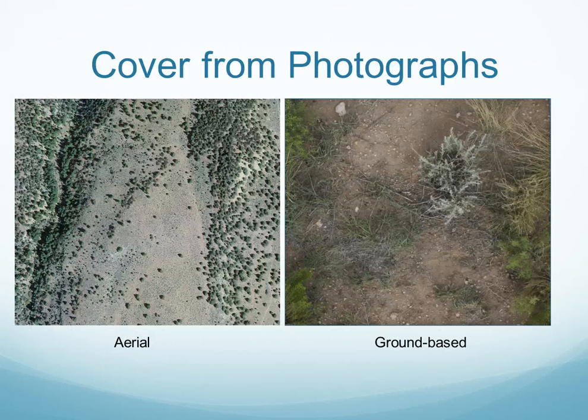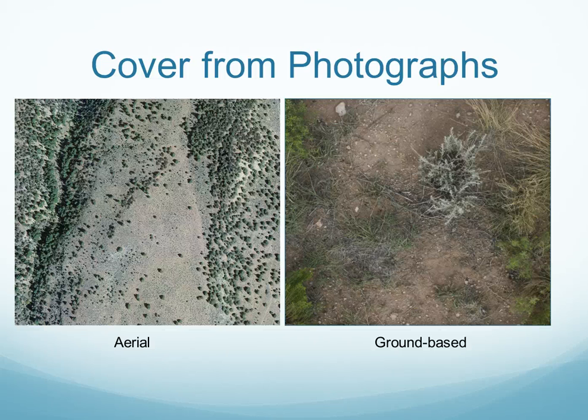Now let's quickly look at what happens if we want to estimate cover from photographs rather than from field-based methods. And we can do this using either aerial images or ground-based photographs.